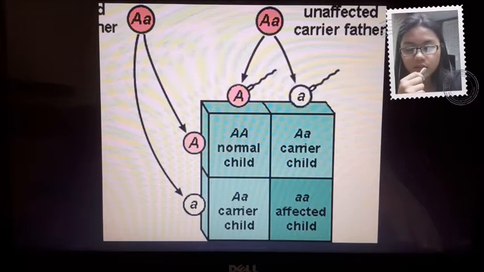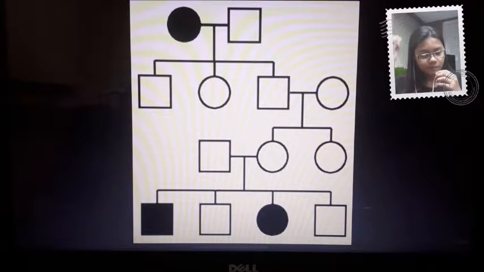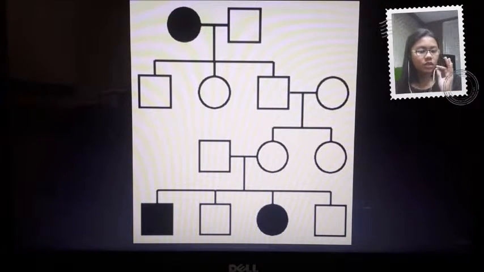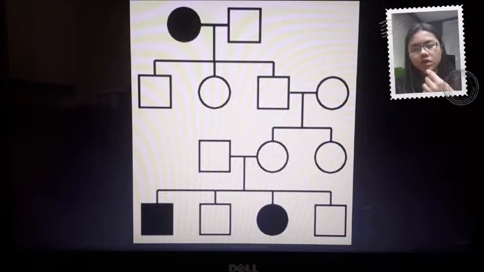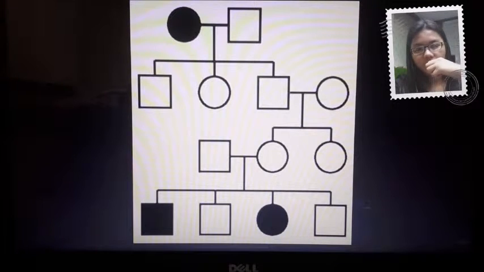Okay, so next is the pedigree. As you can see here, autosomal recessive inheritance jumps generations before it again occurs. In the first generation, there is an affected one, and then the children became carriers of the trait.